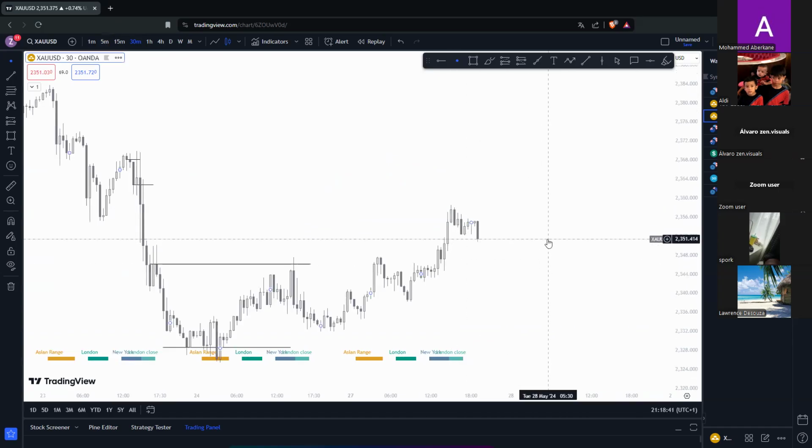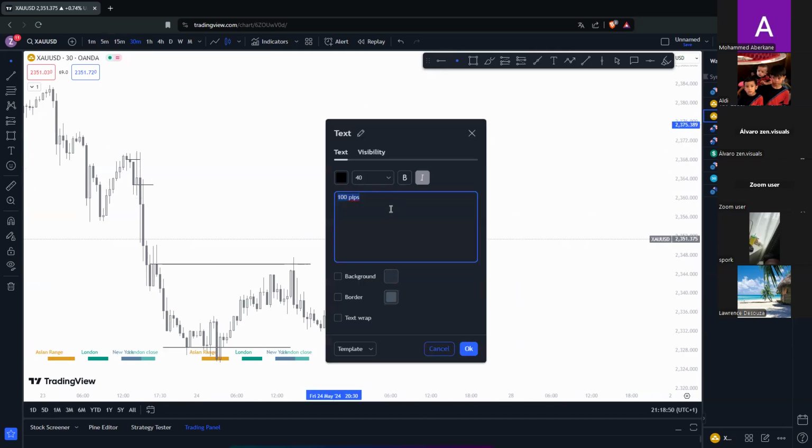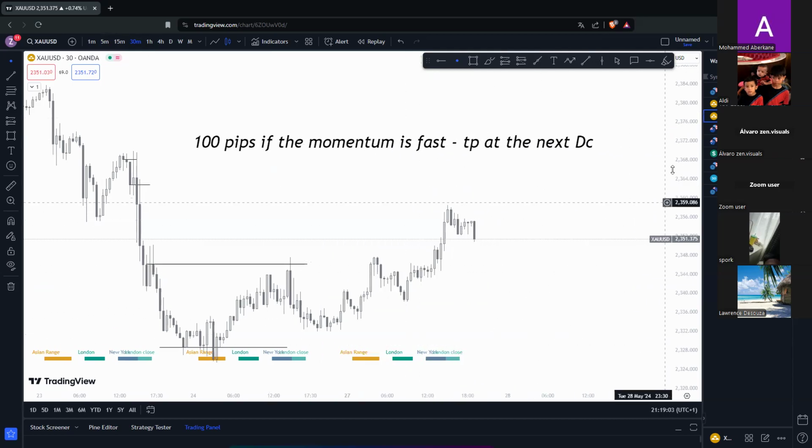Now the TP with the storyline is going to be at 100 pips minimum. If the momentum is fast, TP at the next DC. What do I mean by the next DC?